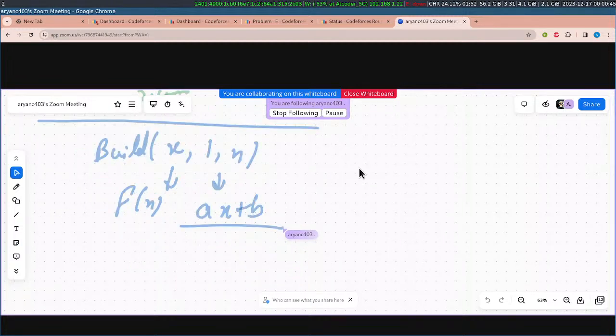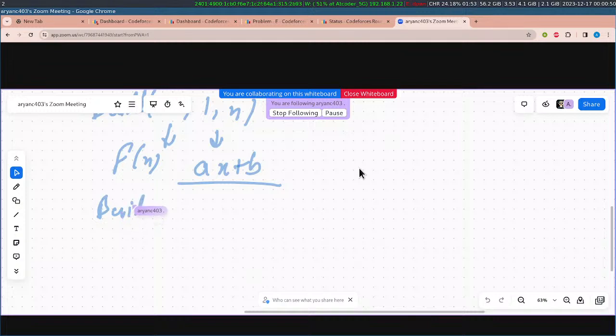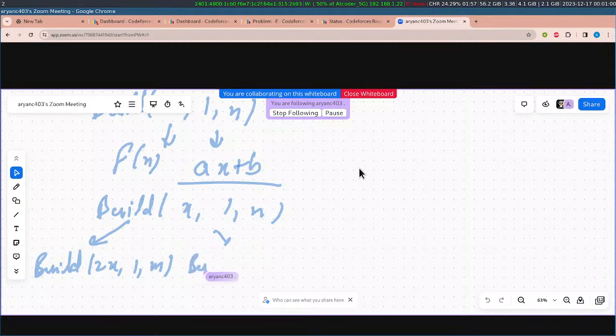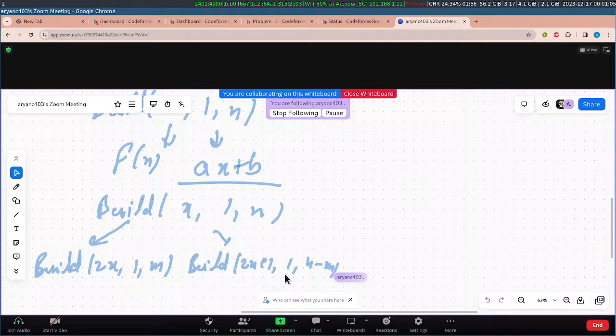And if we look at build x comma 1 comma n, it calls build 2x comma 1 comma m, and instead of going from the index m plus 1 to n, we can also call it as index from 1 to n minus m.